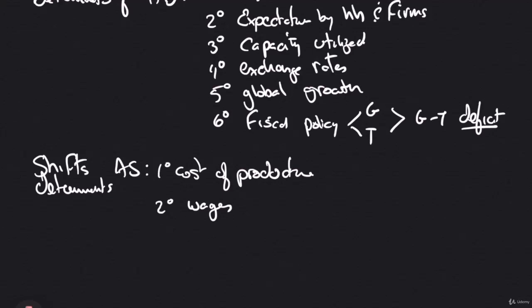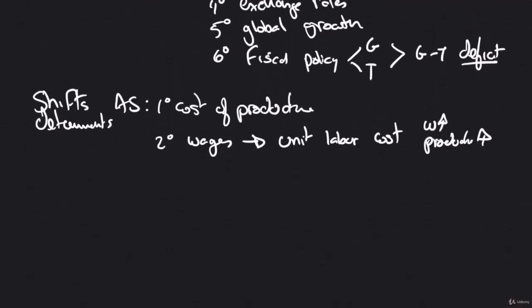And what we need to think about is not only wages, but unit labor cost, which is the idea that it's true that maybe wages went up, but if the productivity of my labor also went up, then my unit labor cost might actually go down. So when we think about wages, we shouldn't be just afraid of wage growth. We should also look at productivity in combination with wage growth to know whether or not actual unit labor cost went up or down. This is the determinant of aggregate supply.